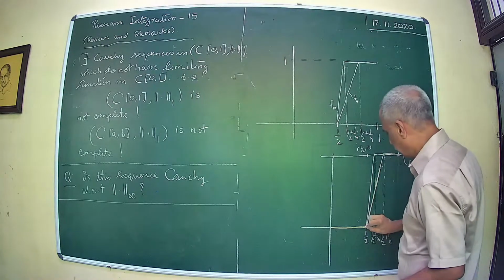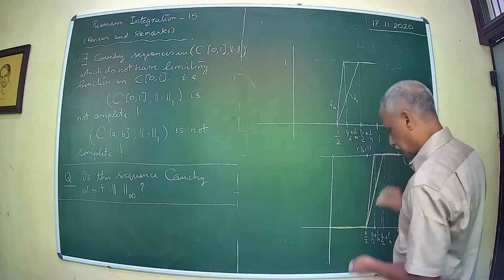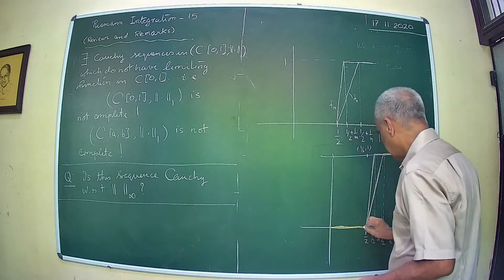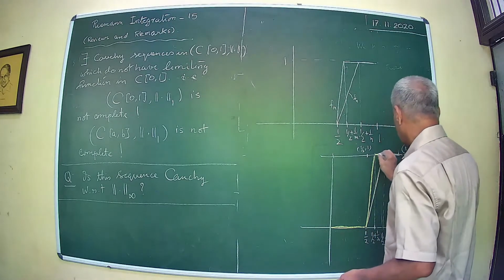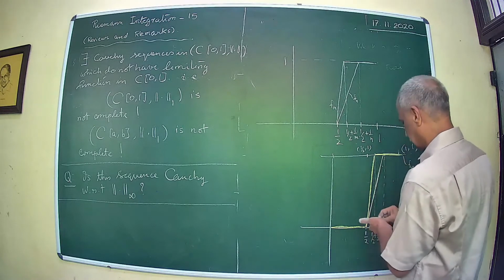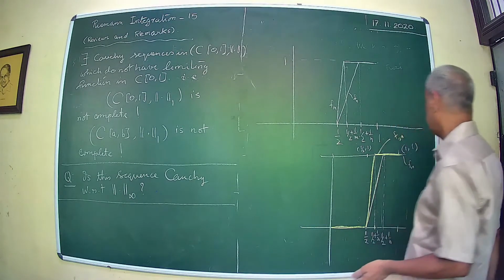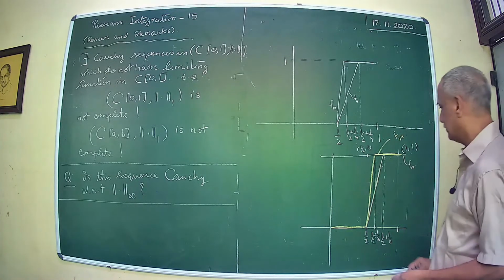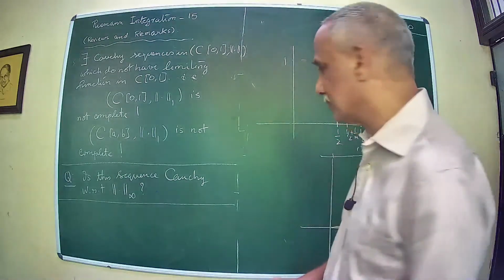Now I have another function which is this one, that I call F_2. Okay. Now I compute the following.